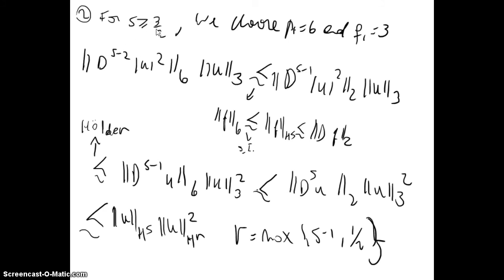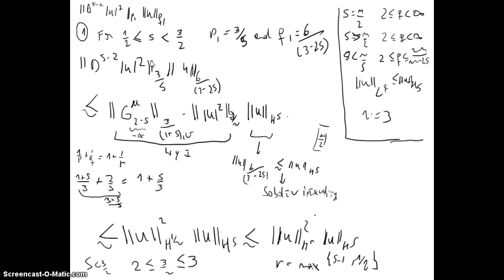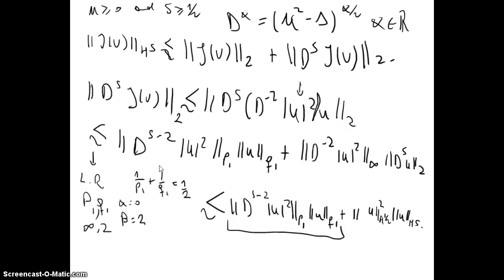If s is equal to 3/2, then 3/2 minus 1 will be 1/2, and it will be the last case, the other case. So for the case where s is greater than 3/2, we obtain this. For the case where s was between 1/2 and 3/2, we have the same bound here. So this bound will be useful for bounding this part.